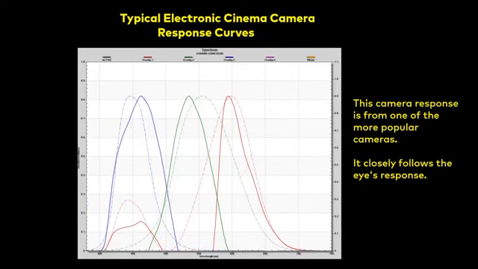So now this is a typical response curve from one of the better known cameras. I'm not going to identify any of them because, again, this is not about saying that something is better or worse. It's about showing the differences. So here's a camera that very closely follows the eye response, and you get very good results with it. And it's very popular.